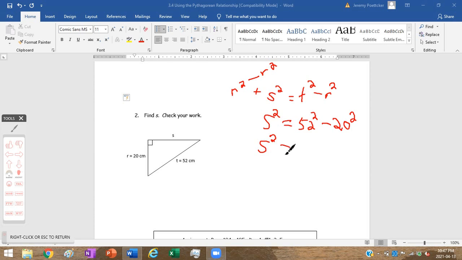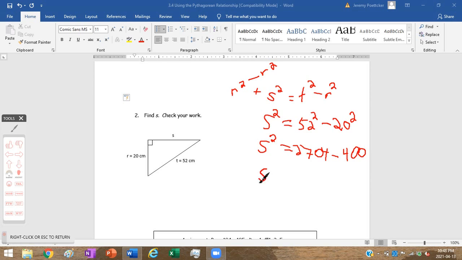which means s squared, of course, is going to be equal to, well, I need a calculator for that one. Maybe you don't, but that's one I don't know off the top of my head. 52 squared is 2,704. Minus 20 squared. 20 squared I do know is 400.